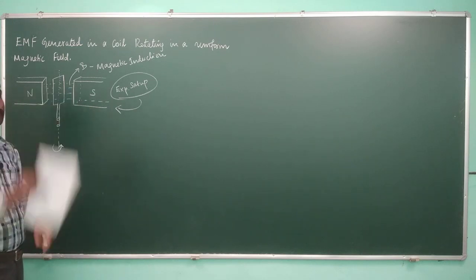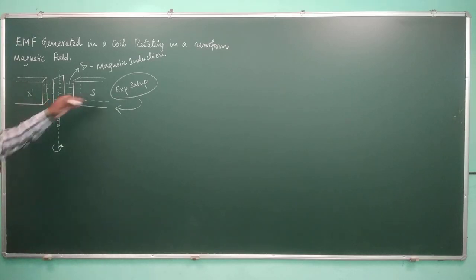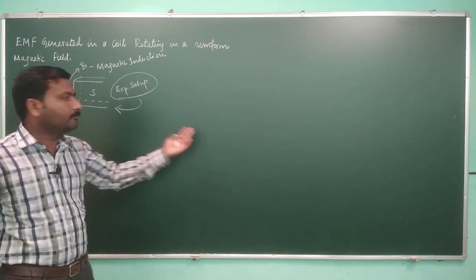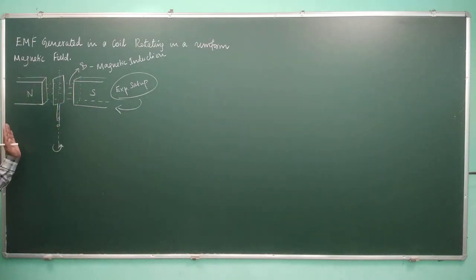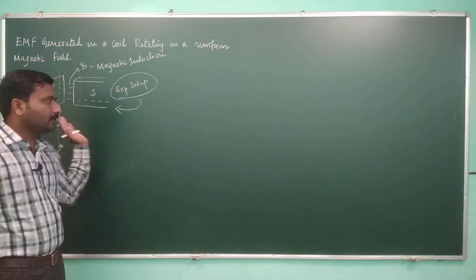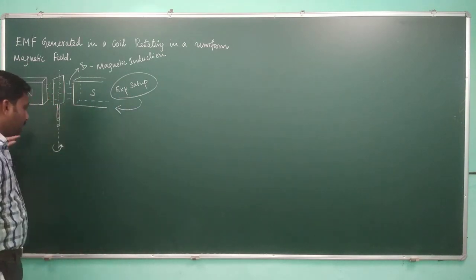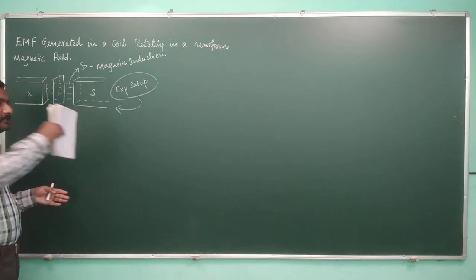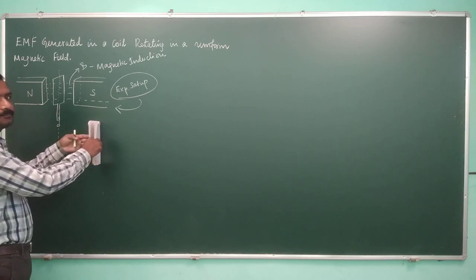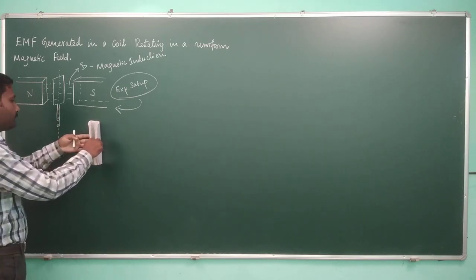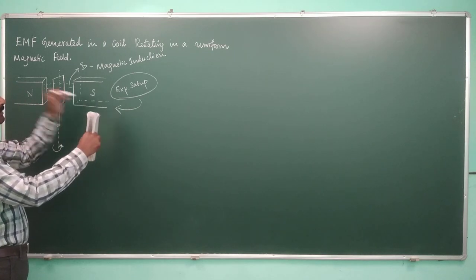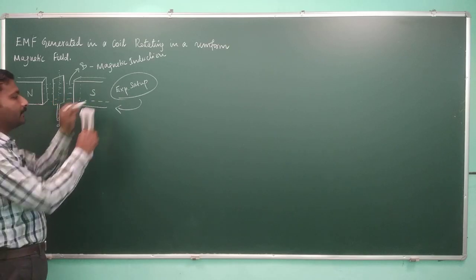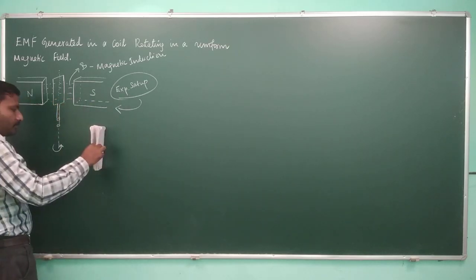The plane of the board is the direction of the magnetic field induction, which means the magnetic field lines traverse from north pole to south pole. Now we place this rectangular coil perpendicular to that, so that the angle between the direction of the magnetic field and the rectangular coil is 90 degrees.